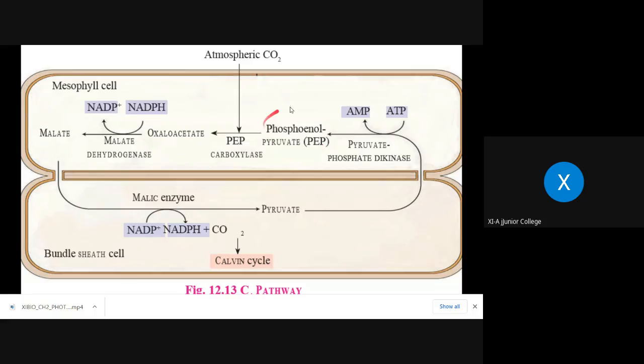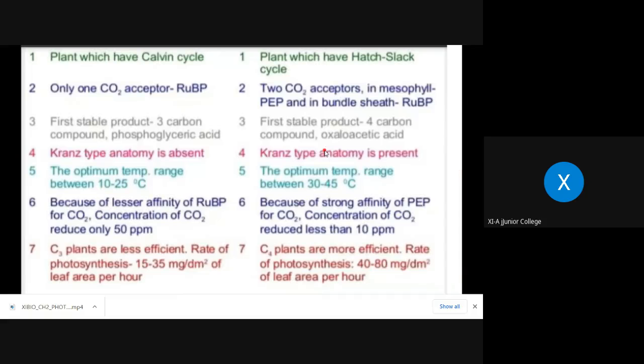Now we will discuss the difference between the C3 and C4 pathways. First, plants which follow the C3 pathway follow the Calvin cycle, whereas C4 plants follow the HSK pathway, Hatch and Slack, the names of the scientists.